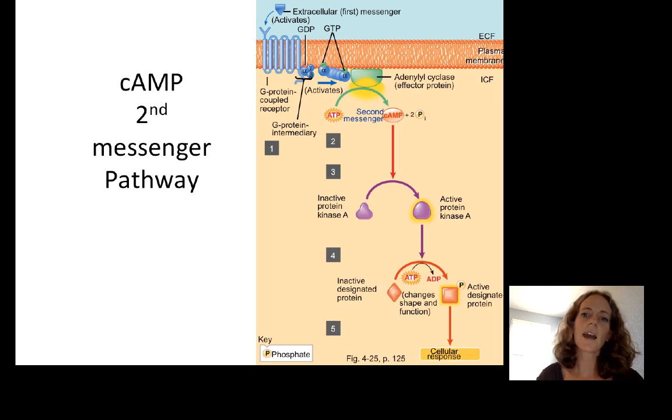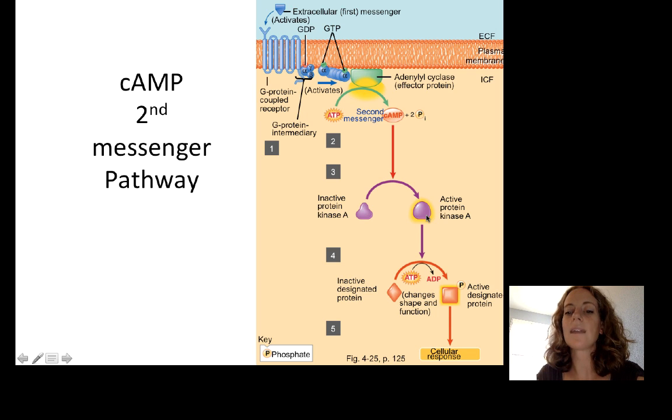Now let's look at this diagram, which shouldn't be as scary now that we've drawn it out. So here's our G protein coupled receptor attached to the G protein, which will activate adenylate cyclase, which will then make cyclic AMP. Many cyclic AMP molecules can be made and activate downstream effects in the cell.